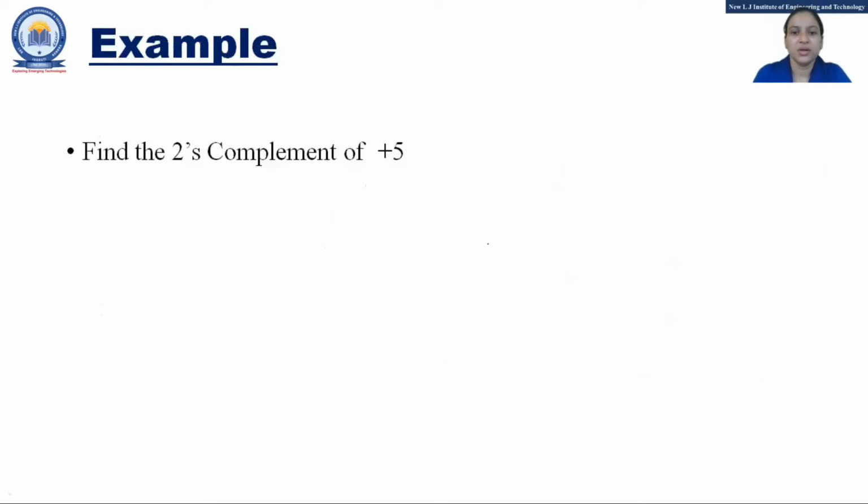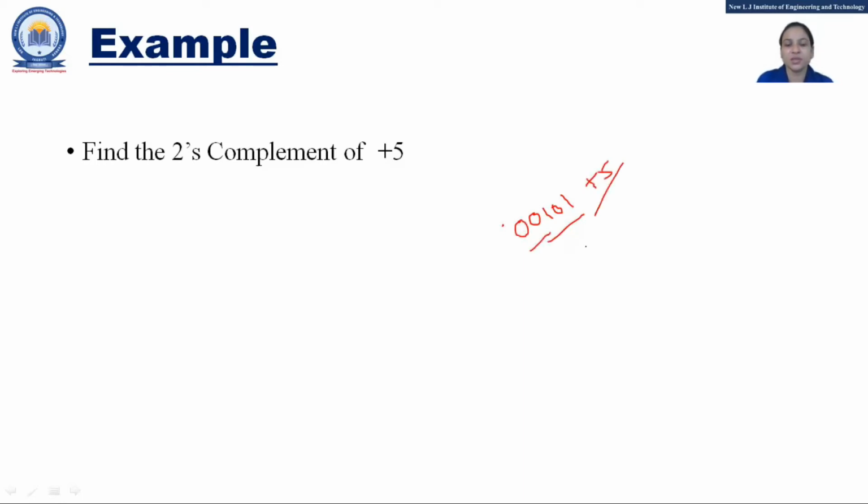Now let's see, suppose I want to find the 2's complement of plus 5. So for the 2's complement of plus 5, I have nothing to do. I represent the binary 0101, that is the binary equivalent of 5, and I have to put 0 as the sign here. So I get plus 5 using 2's complement.